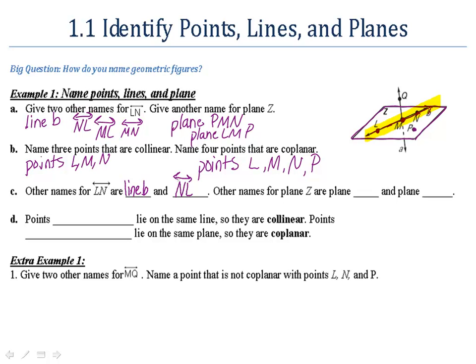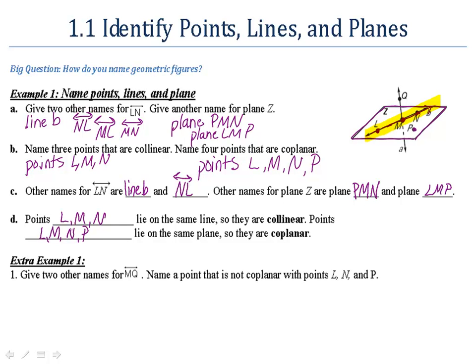Other names for plane Z are plane PMN or plane LMP. Points blank lie on the same line, so points L, M, and N, they lie on the same line. That's collinear. Points L, M, N, and P lie on the same plane, so they are coplanar.